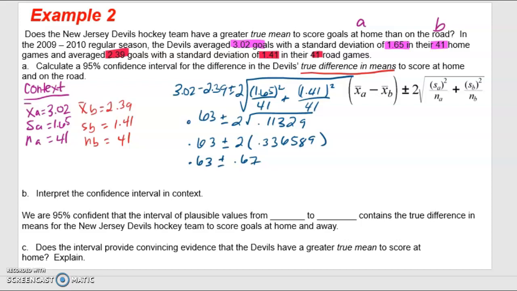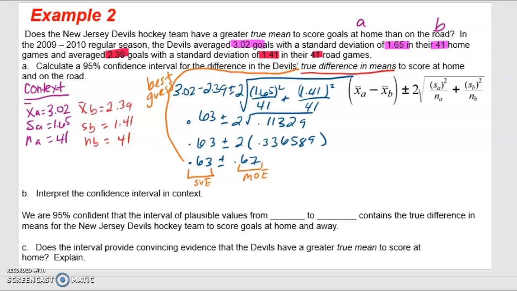So just to reiterate what we've been talking about for all 4 of these confidence intervals, 0.63 is my single value estimate, which stands for my best guess, not the true value, but my best guess at what the true difference in means is. So I think that they score 0.63 points more at home than they do on the road. And then my margin of error is 0.67.